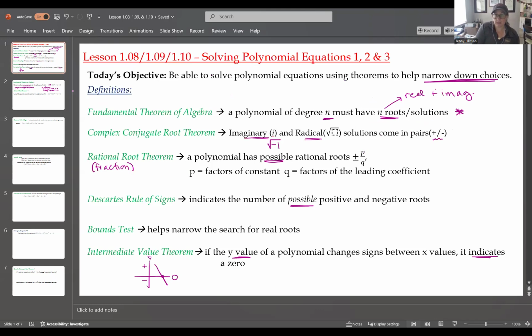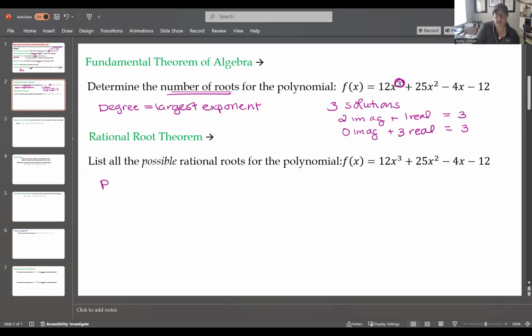So p are the factors of the constant. Q are the factors of the coefficient. So I need a p and a q. So again, p comes from the constant. Q comes from the coefficient.